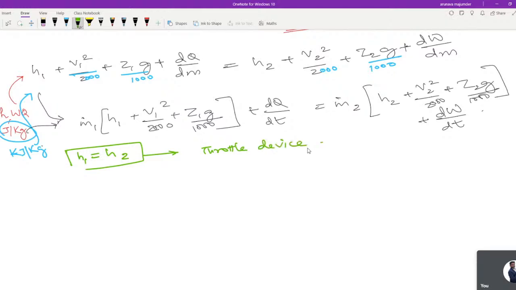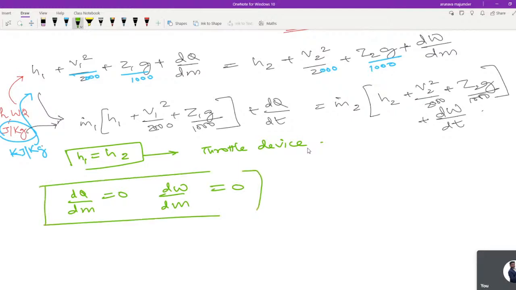If they said it's a turbine and compressor, accordingly you have to make the necessary changes. If it is a nozzle and diffuser, we have to remember that in the nozzle and diffuser there is no heat transfer and no work done. So in those cases it is going to be zero.